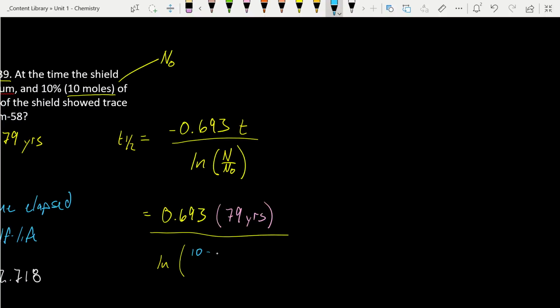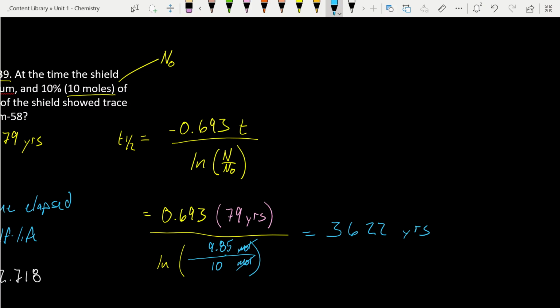So 10 minus 0.15, which turns out to be 9.85, divided by the original, which is 10. So let's replace this so you can see it. And again, because both of these were moles, those cancel out. And now it's just a matter of putting it in the calculator, doing the math. And what do we come up with? If we did it right, 3,622 years as a half-life for our imaginary vibranium.